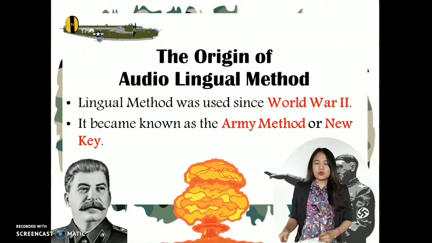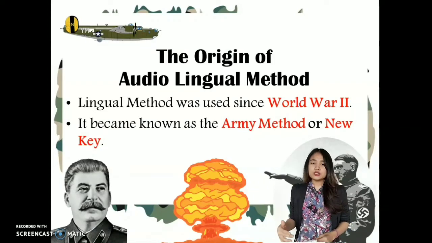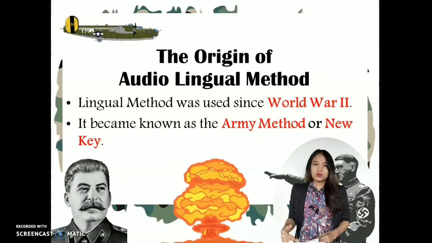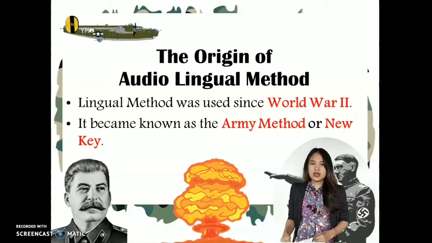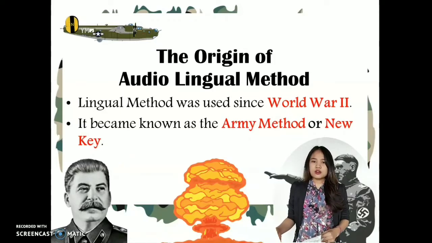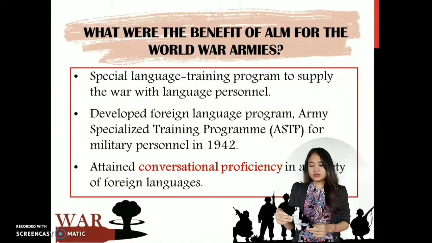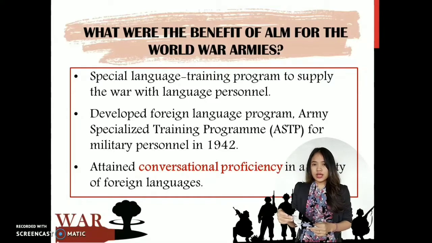How did this method come to be used? It has a long history where the audio-lingual method was first used during World War II. This method was known as the army method. The United States government found ALM a great language training program for their army during World War II.